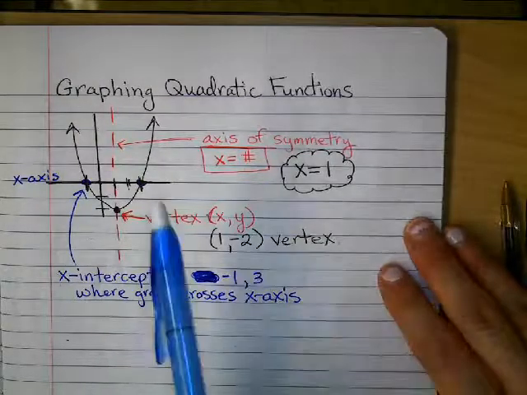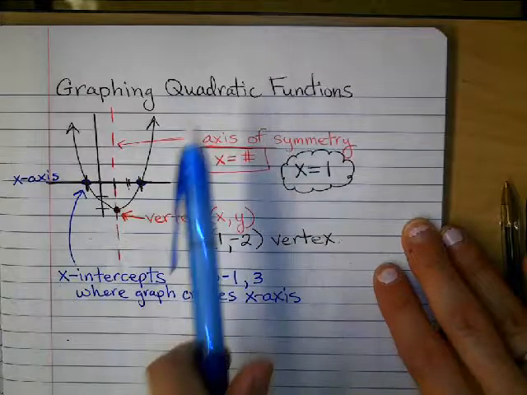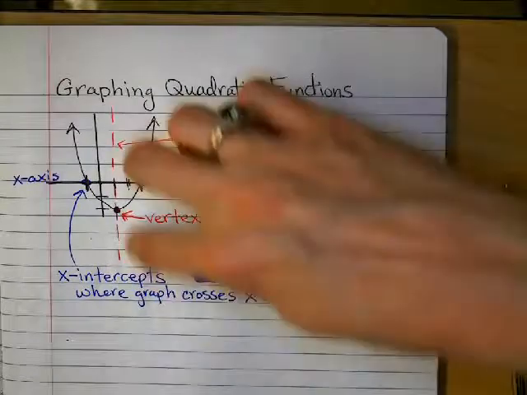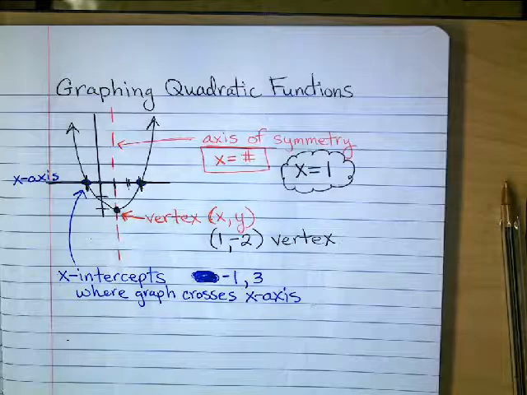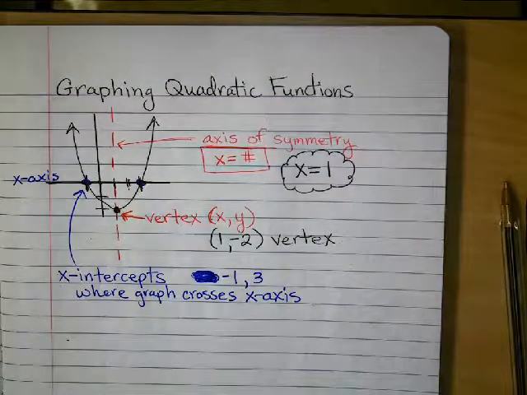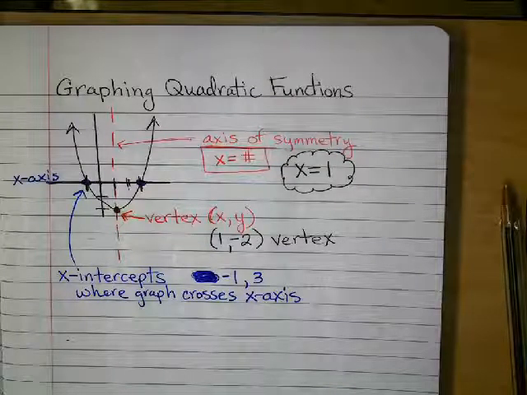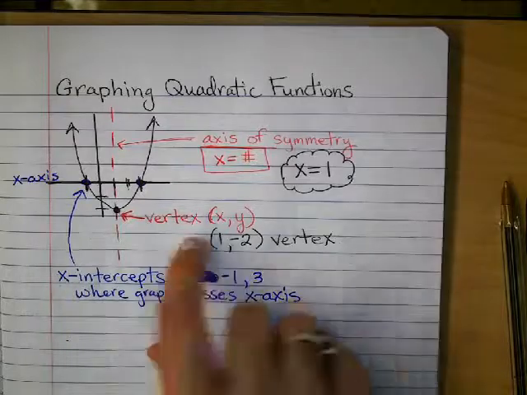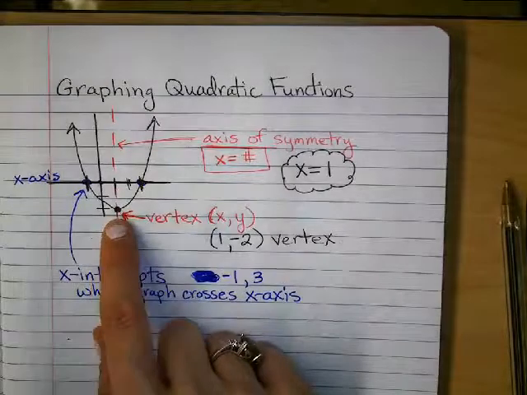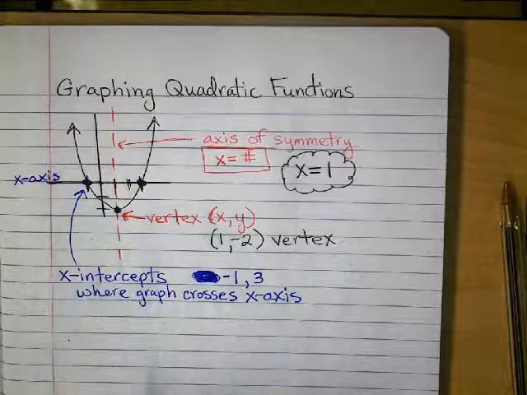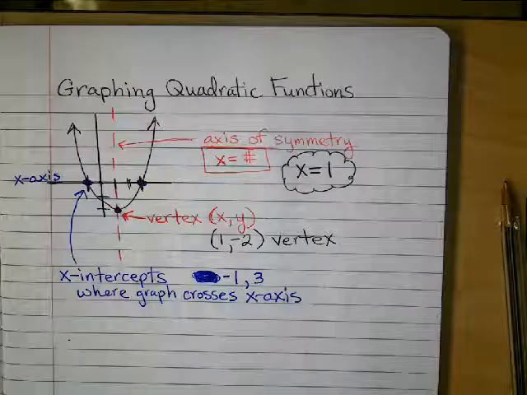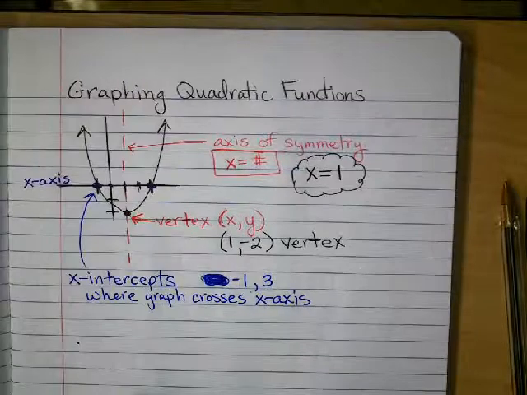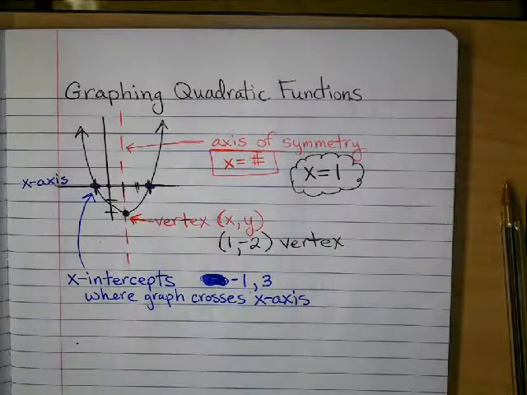So these are new words. Our axis of symmetry is just in the middle of your graph. If they ask, you'll be like, oh, I see it. Sometimes they'll ask you about the y-intercept. This graph's kind of hard to sense.